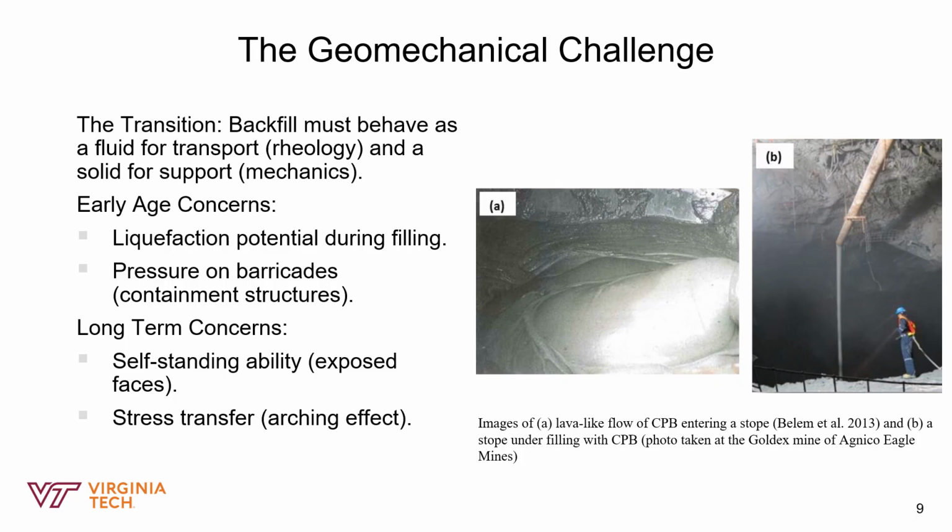At this stage, the paste is very heavy and very wet. The risk here is called liquefaction, which we will talk about in the next slides. If we shake this wet mud, maybe from a nearby blast, it can lose all its self-weight and flow like water. This is going to create massive pressure on the barricade, which we talked about, and it can cause it to fail and flood the mine.